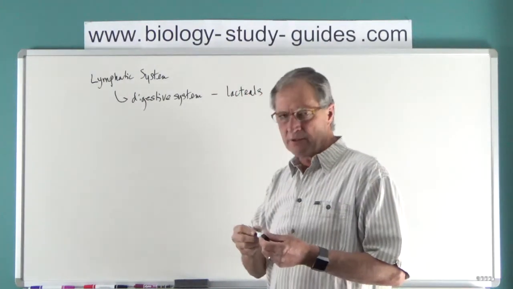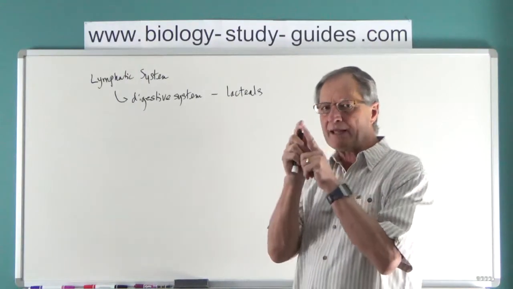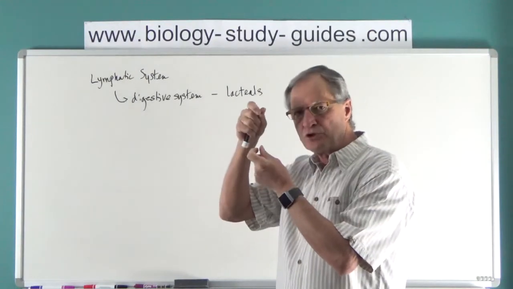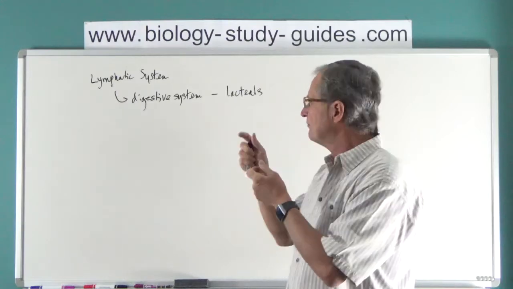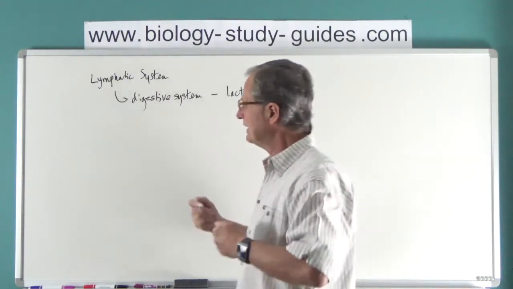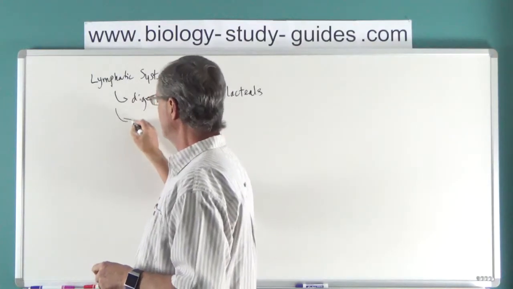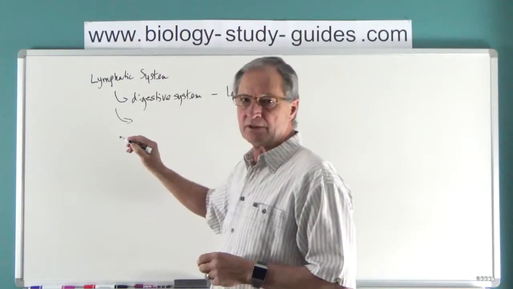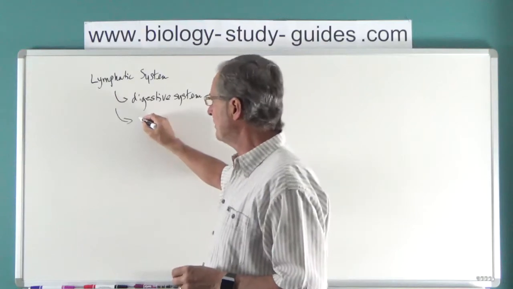Lacteals are those finger-like tubes that absorb the products of fat digestion inside the villi. We encountered it with the circulatory system when we dealt with the topic of allergic responses.